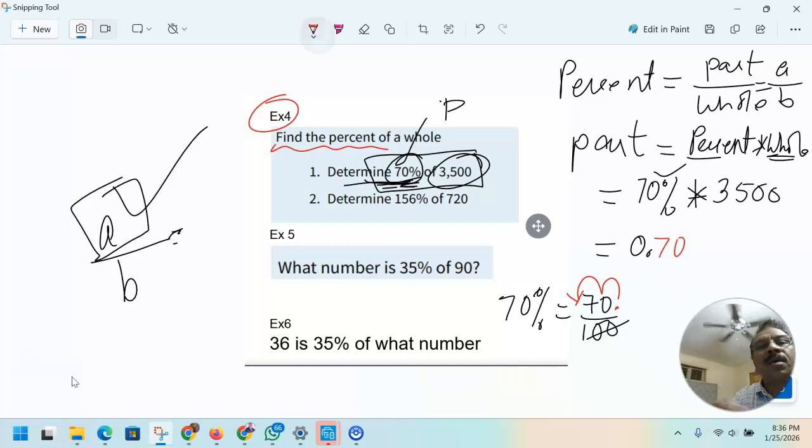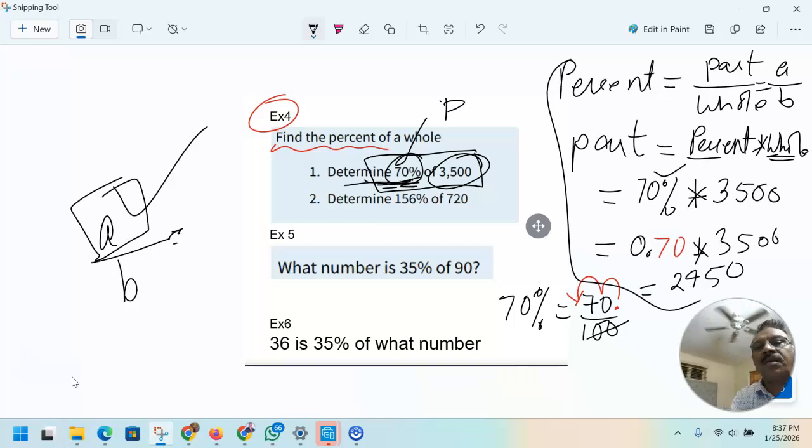Now on your calculator, you multiply it by 3500, and you end up getting 2450. The point is to understand how it works. This is a trick to do that.